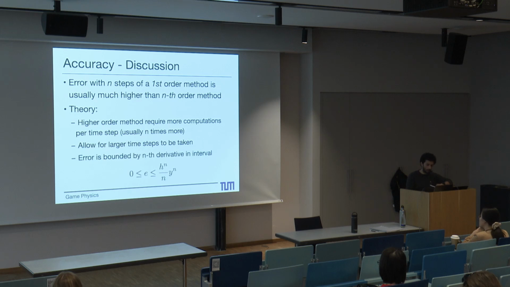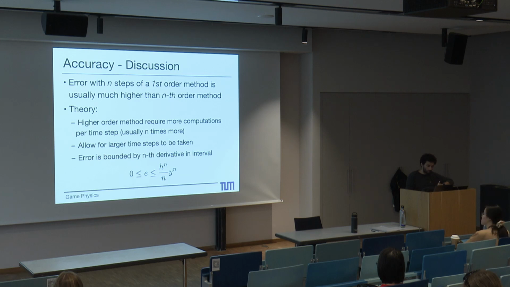And in general, we have an expression that we can use to bound the error of the n-th derivative in a given interval, and that's given by this expression. As you can see, n plays an important, polynomial role in this context, in the way the error can be limited in these cases.